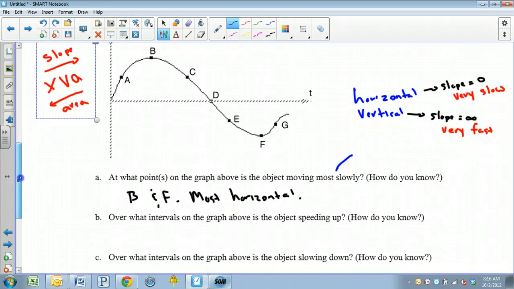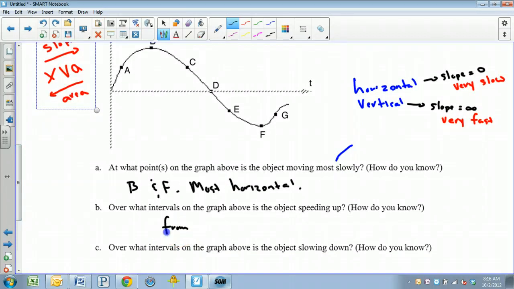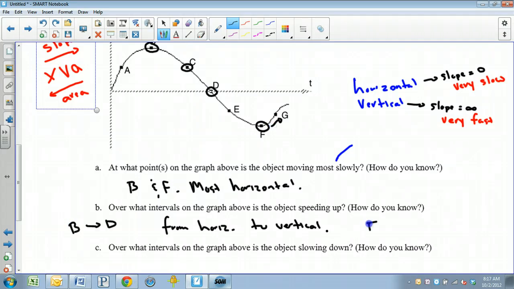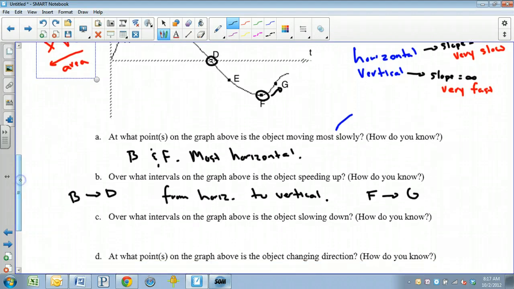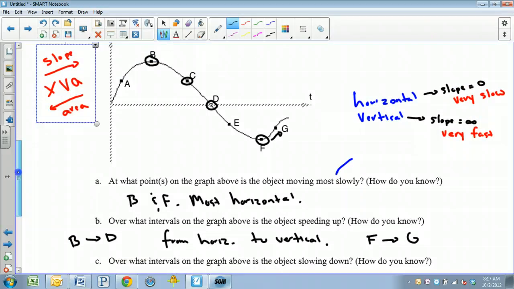When it's speeding up, that means it's going from horizontal to vertical. So where is the graph going from horizontal to vertical? We see from B, it's pretty horizontal, and then at C it gets more vertical, and at D it gets even more vertical. So I would say one interval would be B all the way to D, and then from F up to G, I would also say it's getting more vertical, because it's very horizontal at F and more vertical at G. Then the intervals where it's slowing down are the intervals where it's going from vertical to horizontal.